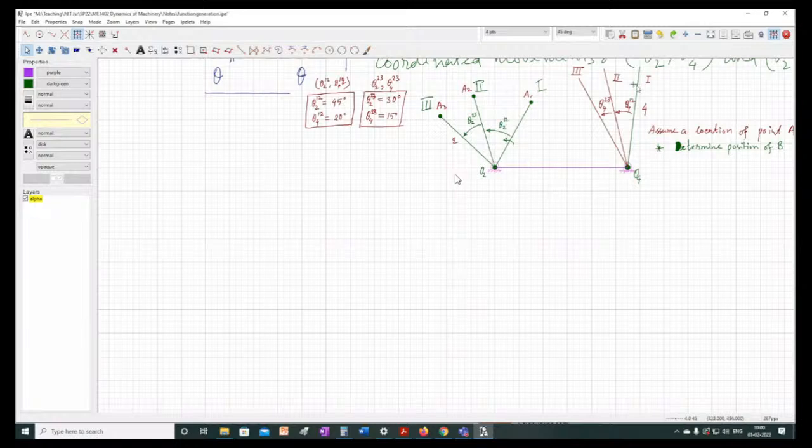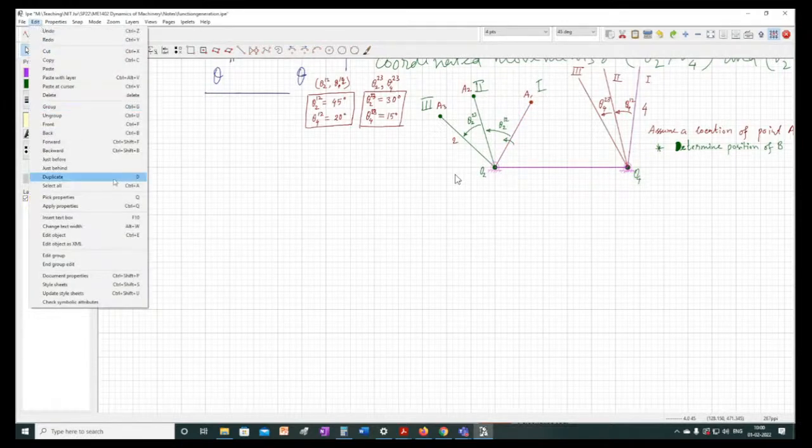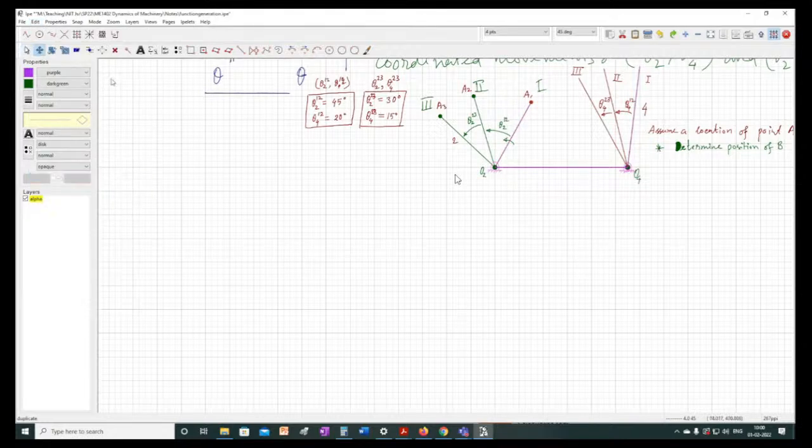Now we will copy these links, link 4, O4, link 1, and link 2 to this point A1. Let us copy it and shift it to some suitable position here.